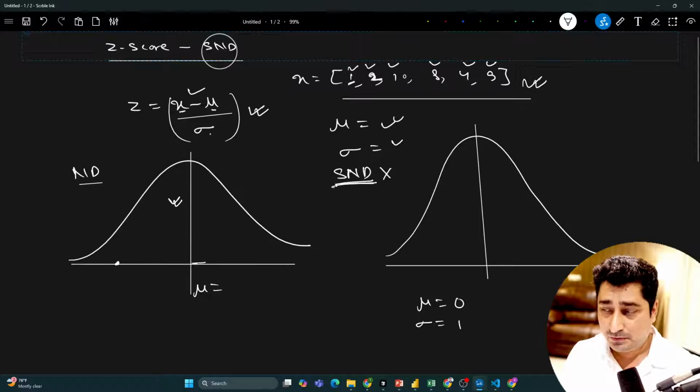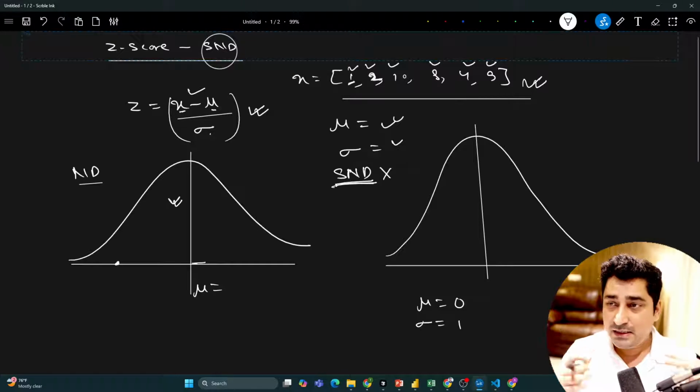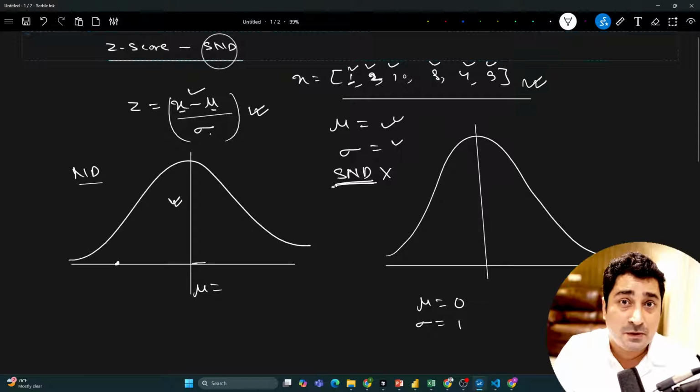This is what we do at the time of EDA, so that my data set ranges within a smaller range, and it should not give me an overfitted model or an underfitted model.